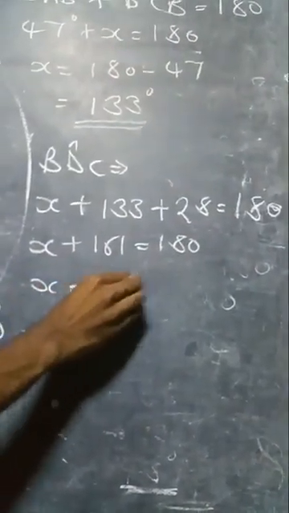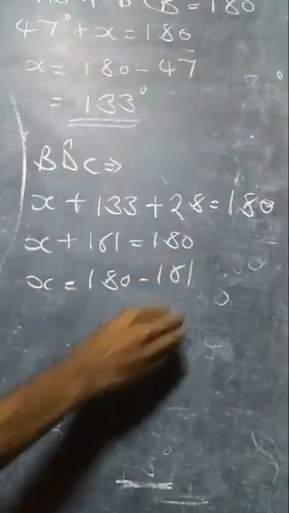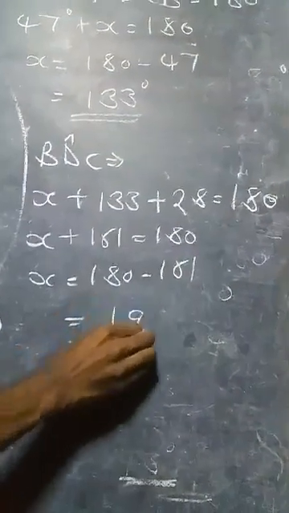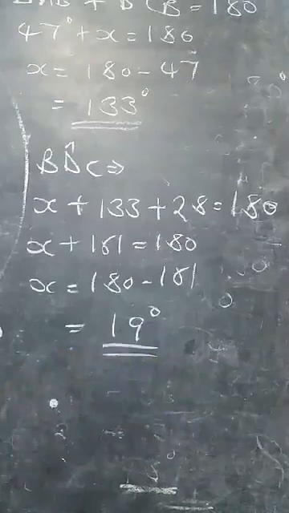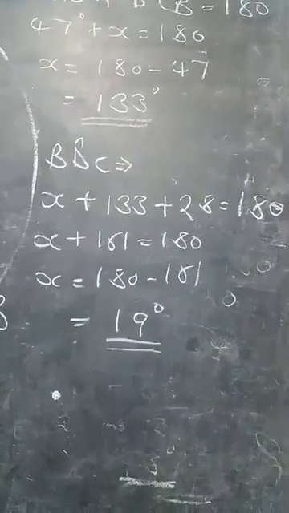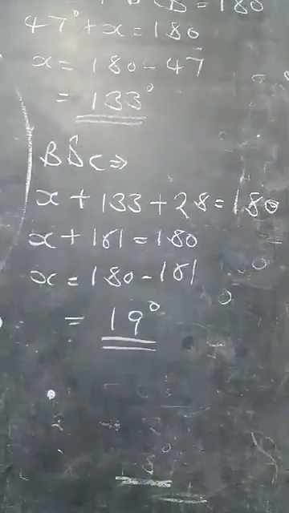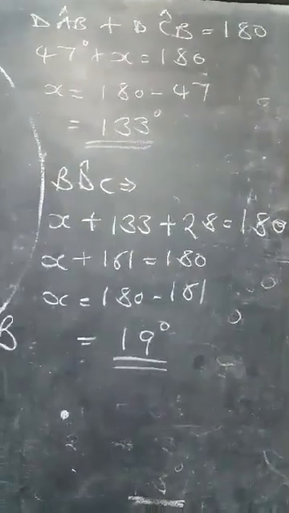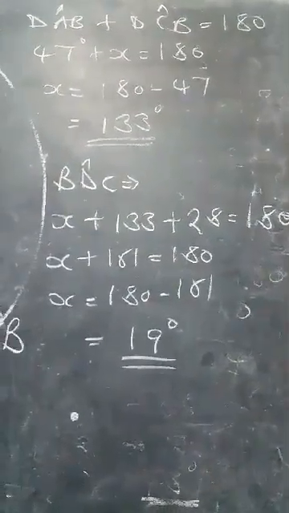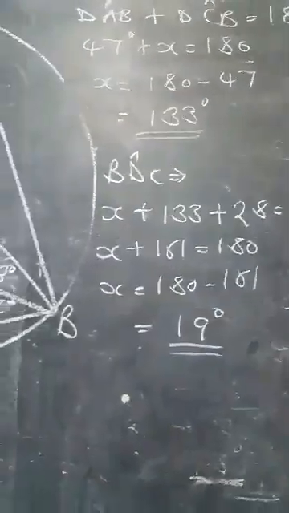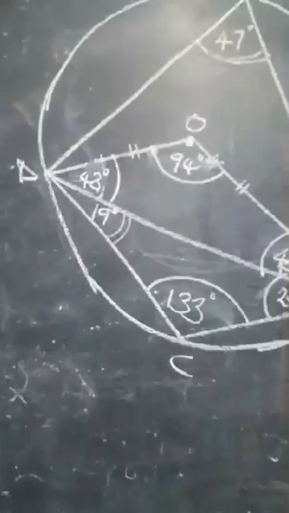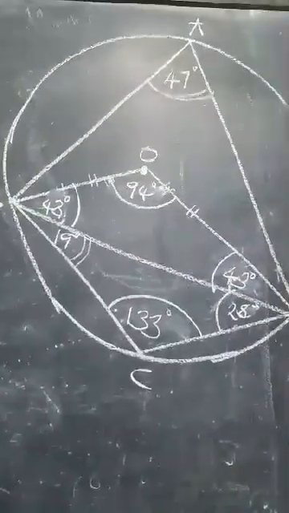So x is equal to 180 minus 161, which is equal to 19, of course. 19 degrees. That's the answer for this one. Back to our diagram, what we have here is 19 degrees.